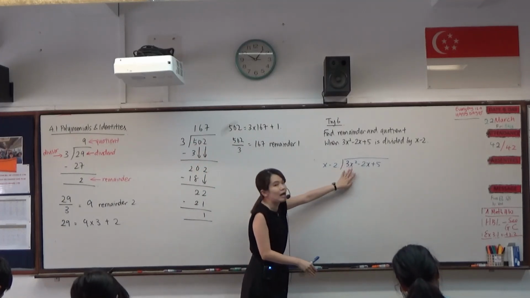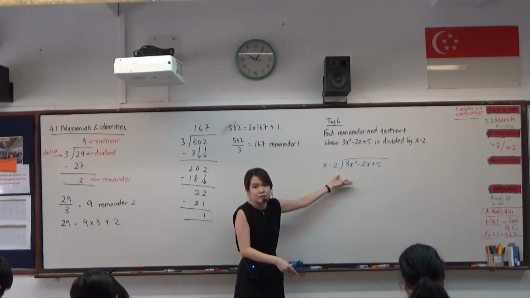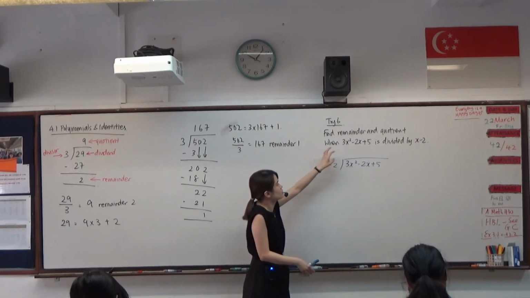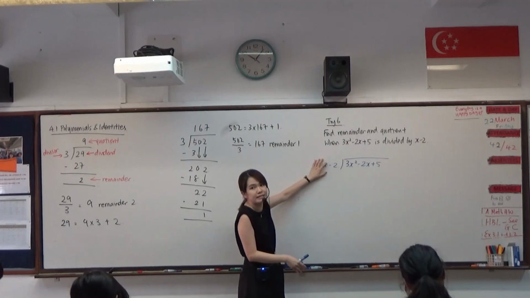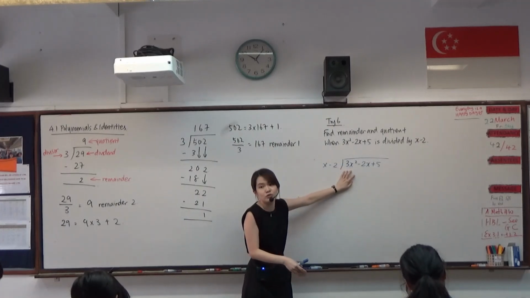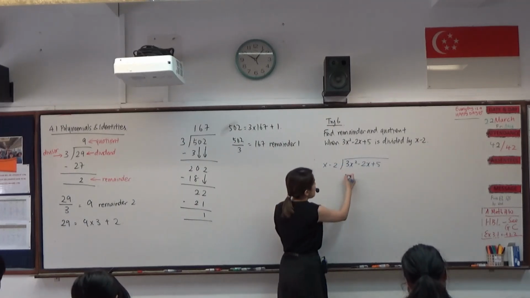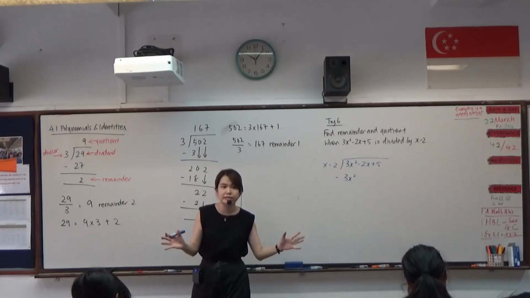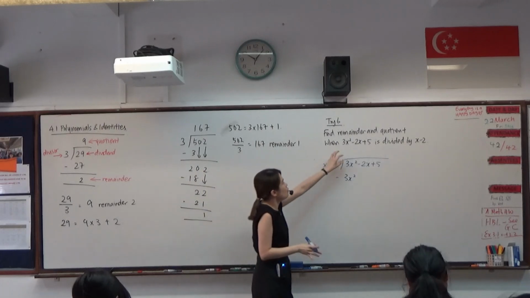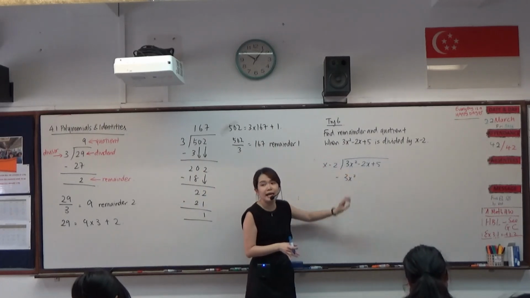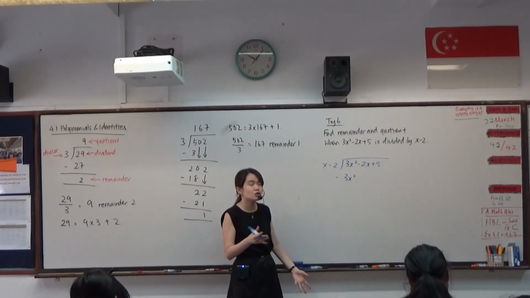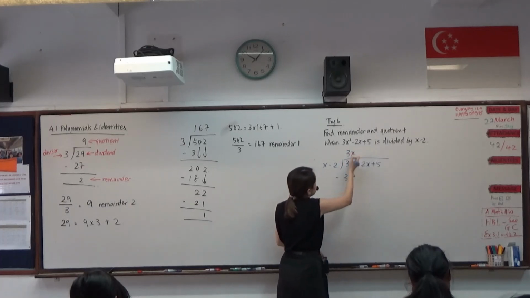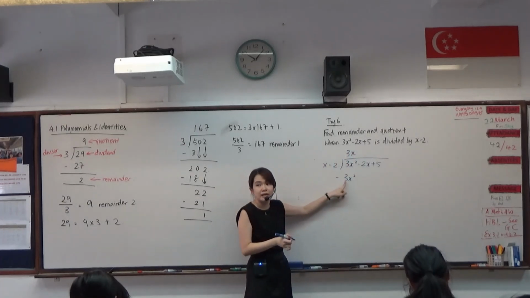So this 3x squared, I want to try to get rid of it. How do I get rid of it? I need to take a number, multiply by this, such that I can get a 3x squared. I want a 3x squared from here, because then I minus away, no more 3x squared. So what multiplied with x will get us a 3x squared? 3x. So 3x times x, I will get a 3x squared.